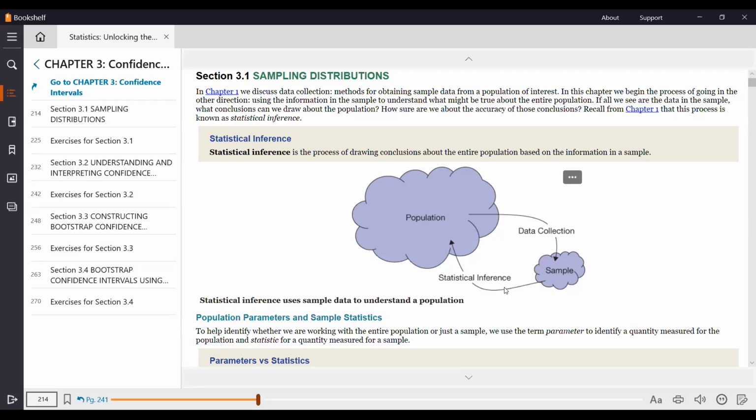So that's why the arrow is pointing from the sample to the population, because we're going to take our information about the number of people who prefer candidate A, and we're going to say something about the number of people in the whole population who like candidate A. So we're going to calculate a proportion. Remember, a proportion is the number of people that like candidate A divided by the number of people in the sample. And that proportion is always going to be between 0 and 1 if we calculate it as a decimal.